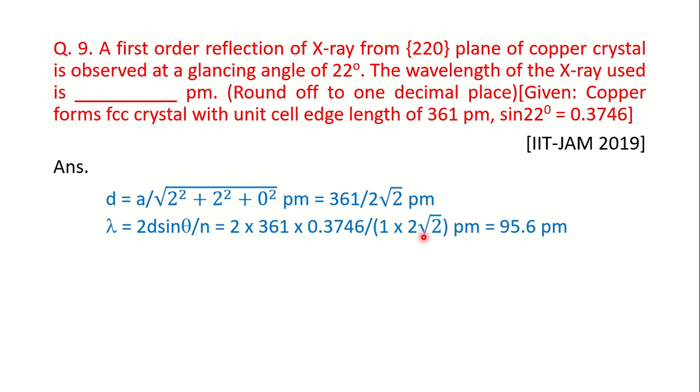Here in the numerator 361 and in the denominator 2 root 2. So the value of d is not 361, the value of d is 361 by 2 root 2. I haven't merged this equation, just put it here, and the final calculation will be done from here. So from the final calculation, we get the value of lambda, which is 95.6 picometer. Therefore 95.6 should be the correct entry.